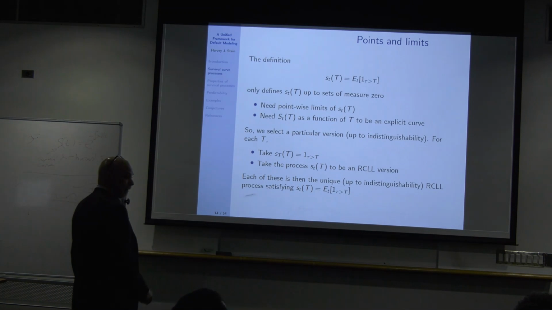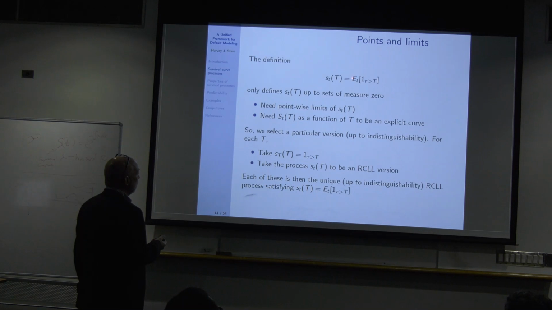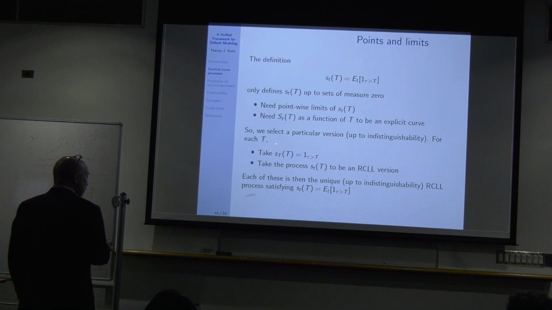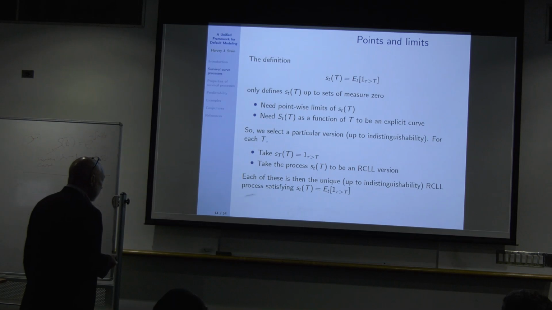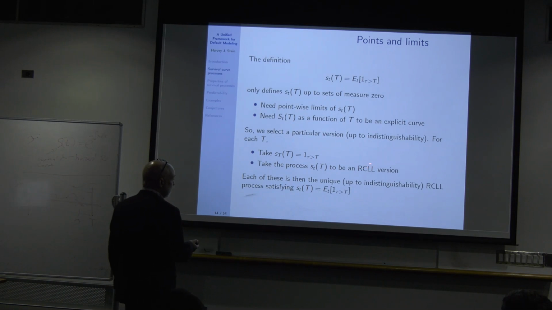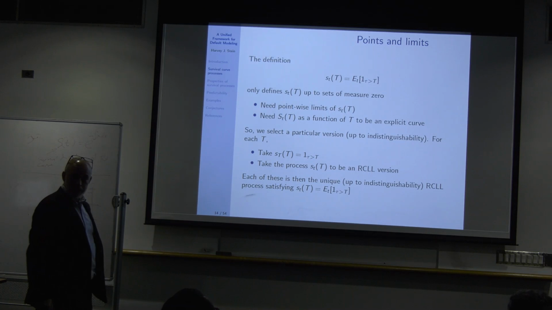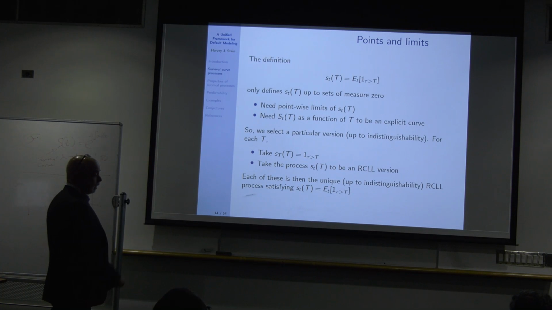Can you just remind me what that expectation ET? That's the conditional expectation of this random variable conditioned on the filtration of time t. So, first of all, we're going to take S sub cap t of cap t to be exactly the indicator. And then we're going to take the right continuous with left limit version of this process that matches these conditional expectations. That at least pins it down.